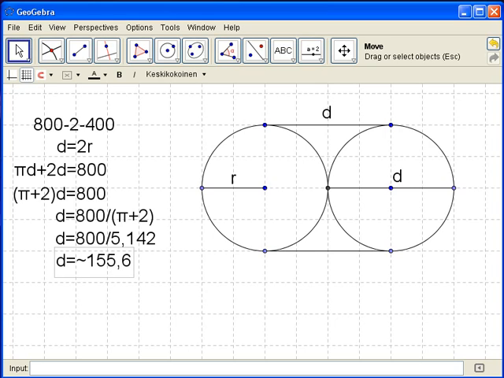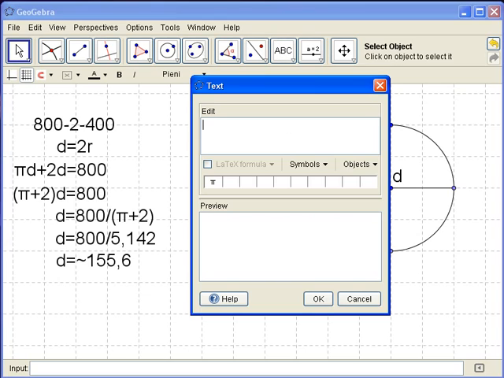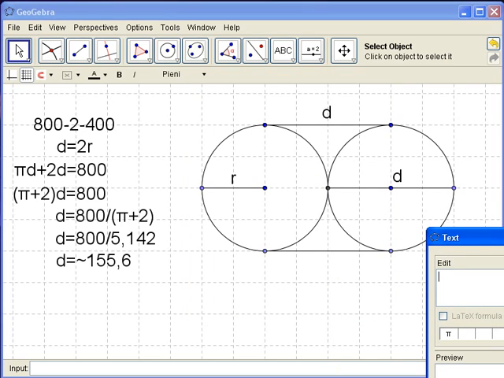Okay, so the total width of this would be 2 times the diameter, which in turn is, let's see, about, well, let's round it up a bit.